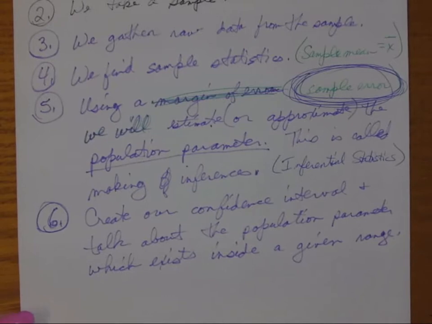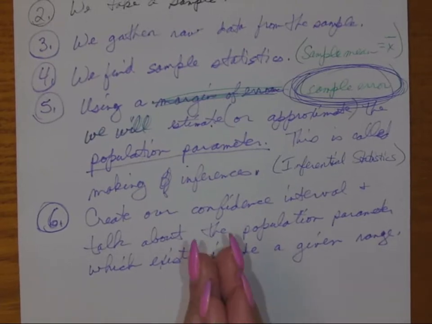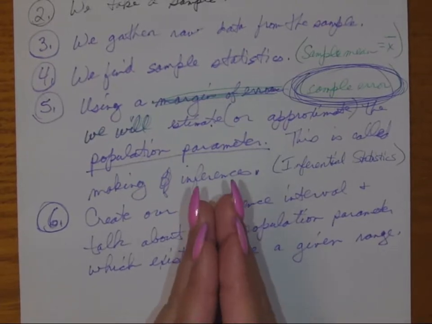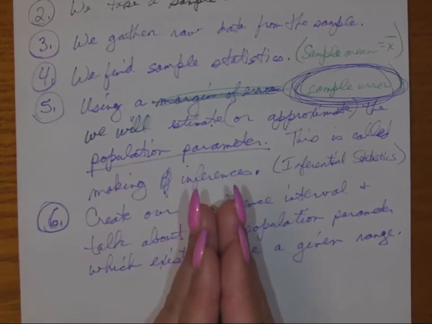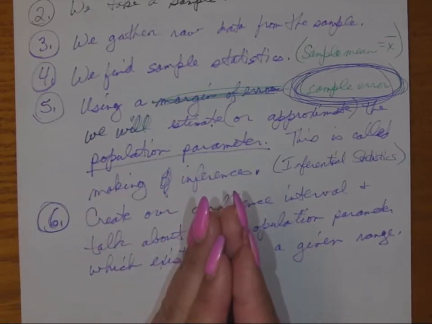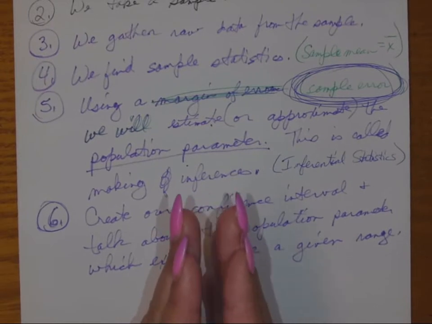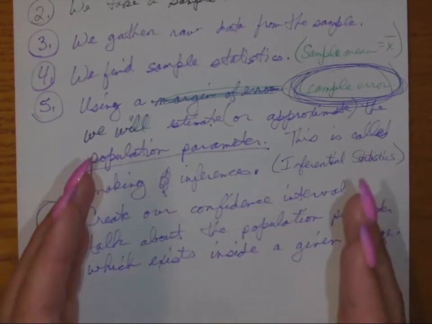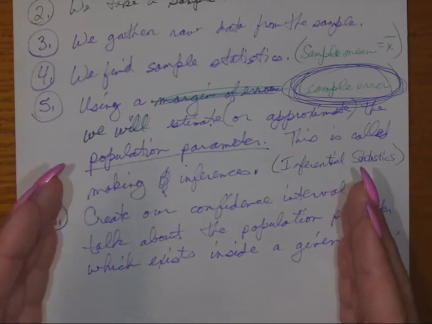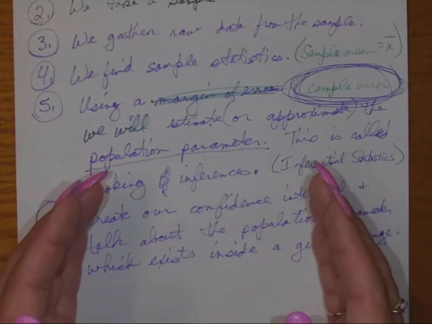Okay, so we're going to find our sample statistic. We're going to have this error. We're going to add it and subtract it. It's very similar to whenever we were finding outliers before. So we're going to add it and subtract it, and we'll have these kind of like the fence numbers, a top value and a bottom value, and we're going to say that's our confidence interval.